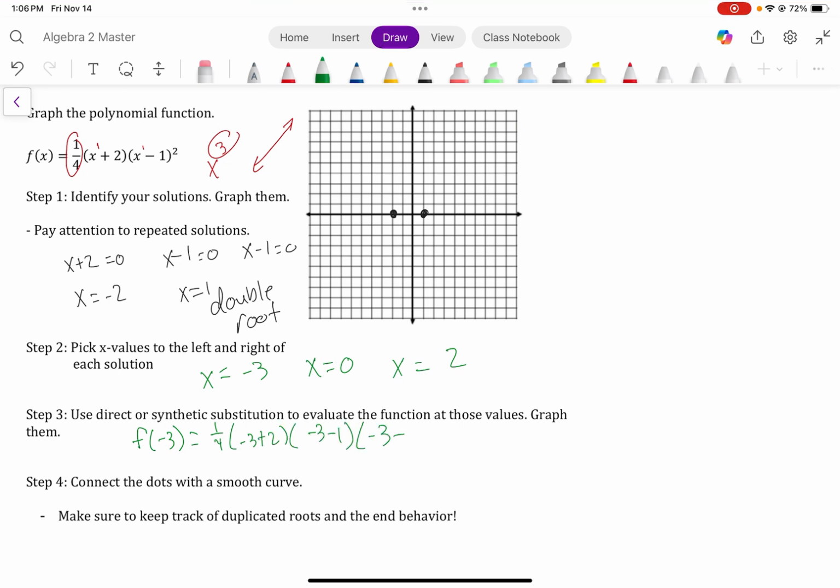And I'm just going to write negative 3 minus 1 twice instead of squaring it. And this is why I think negative 3 is a good choice, because I'm going to end up with 1/4 times negative 1 times negative 4 times negative 4. This 1/4 gets rid of one of those negative 4s. So I'm left with negative 1 times negative 4, which is 4. So at x is negative 3, I go 1, 2, 3, 4.